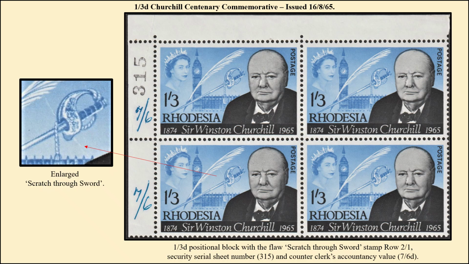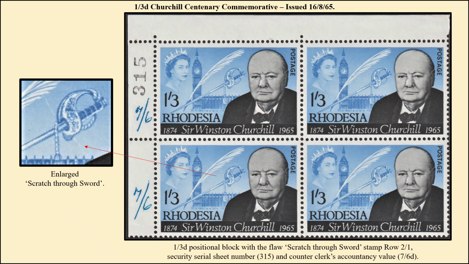This is the first stamp to have Rhodesia on it, the Churchill Centenary Commemorative, which was issued on the 16th of August 1965. A positional piece, top left-hand corner, with the security number there, 315.